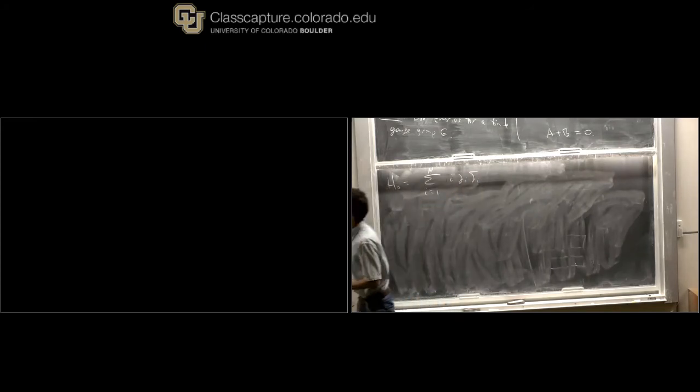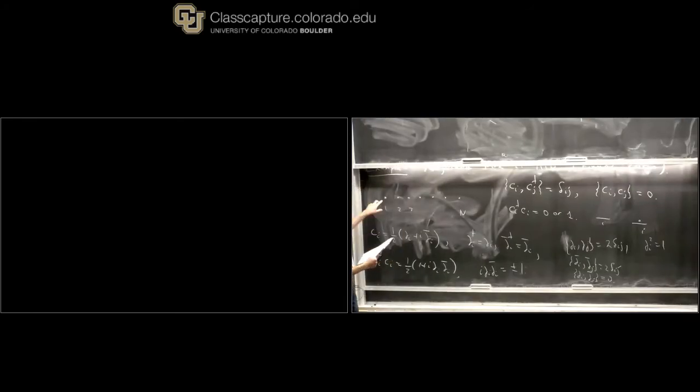By the way, it's nice to draw a picture here where each complex fermion Ci splits into these two Majoranas gamma and gamma bar, so I'll draw pictures like this.